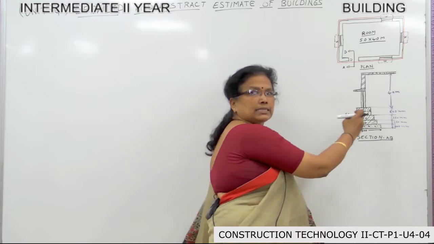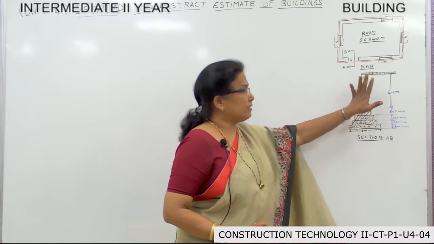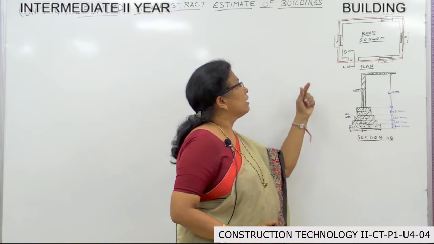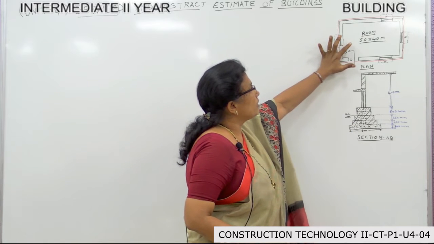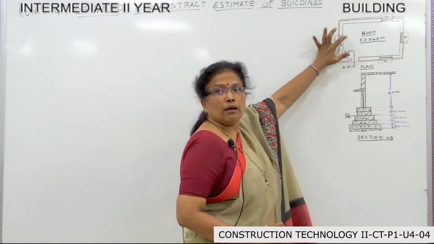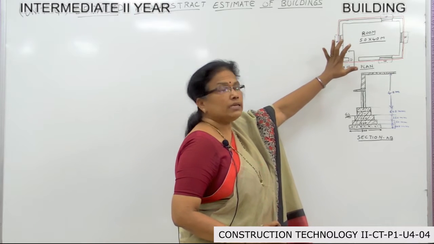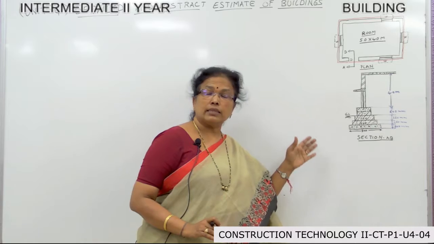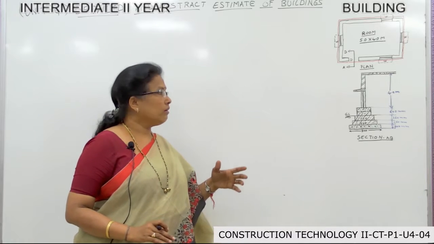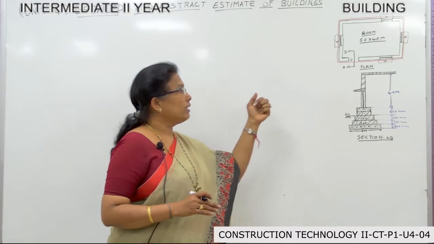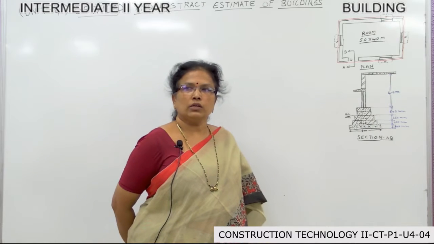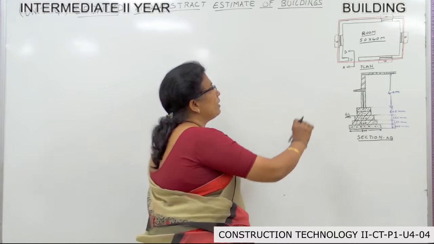All the heights are seen in the section, breadths are also seen in the section, and length you will see in the plan. For calculating the quantities of anything, first we need to calculate the length of a long wall and the length of a short wall.